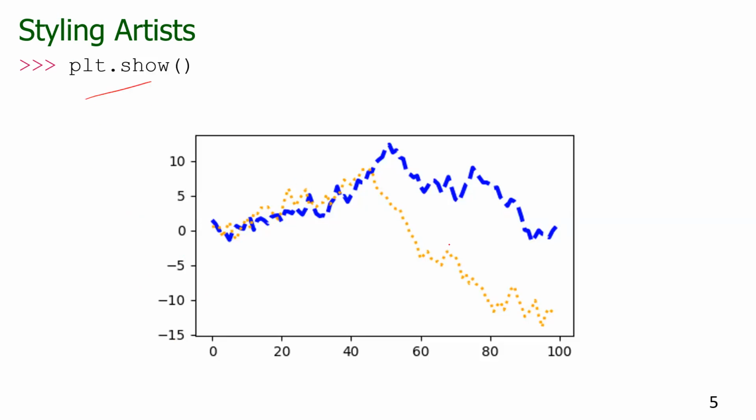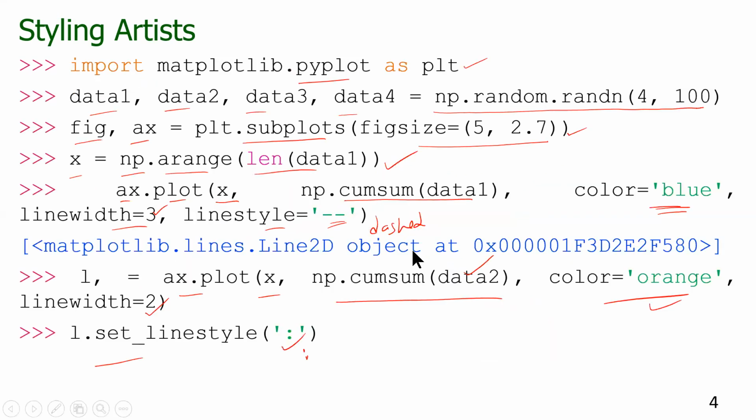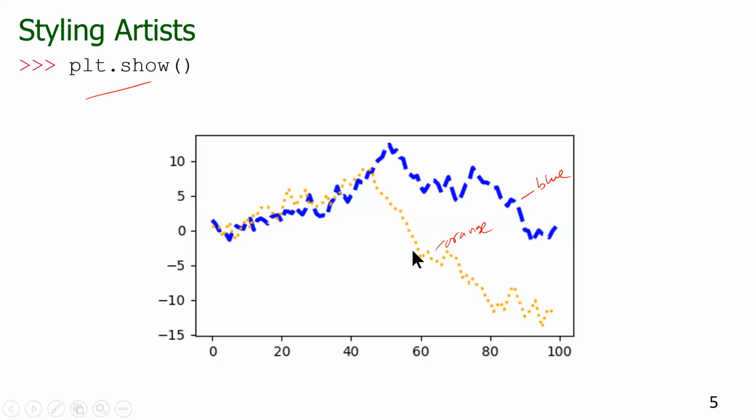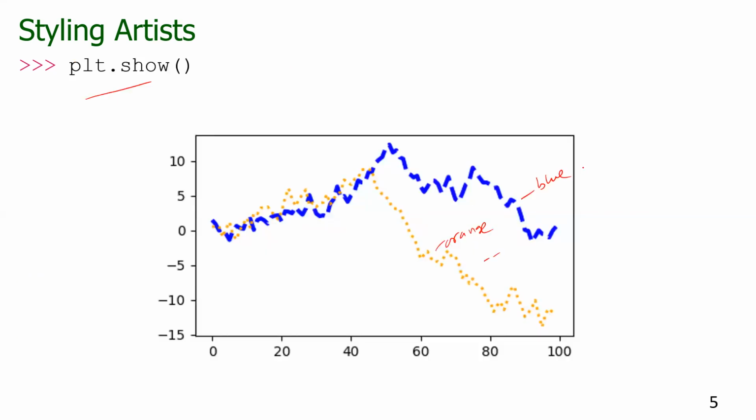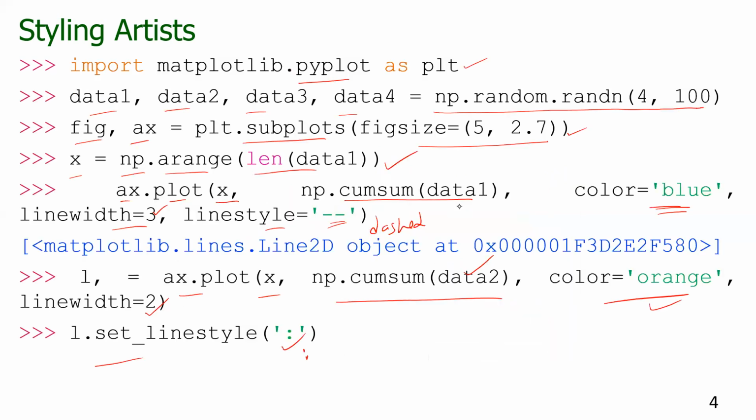Here you can see, this is the orange and this is the blue. The orange line style is what we have taken. The blue one is dashed, and the orange one is dotted. Line width equal to 2 for orange, and line width equal to 3 for blue.